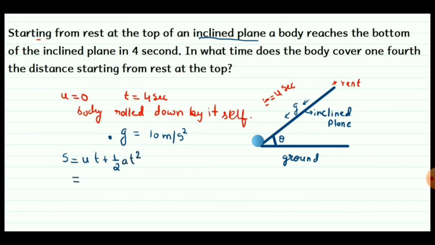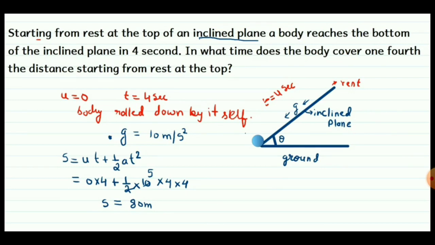Now student, using the formula s is equal to ut plus half of at square and placing all the values, we get the total distance. It gives us 80 meter. We can say from the top to the bottom the distance is 80 meter in total.